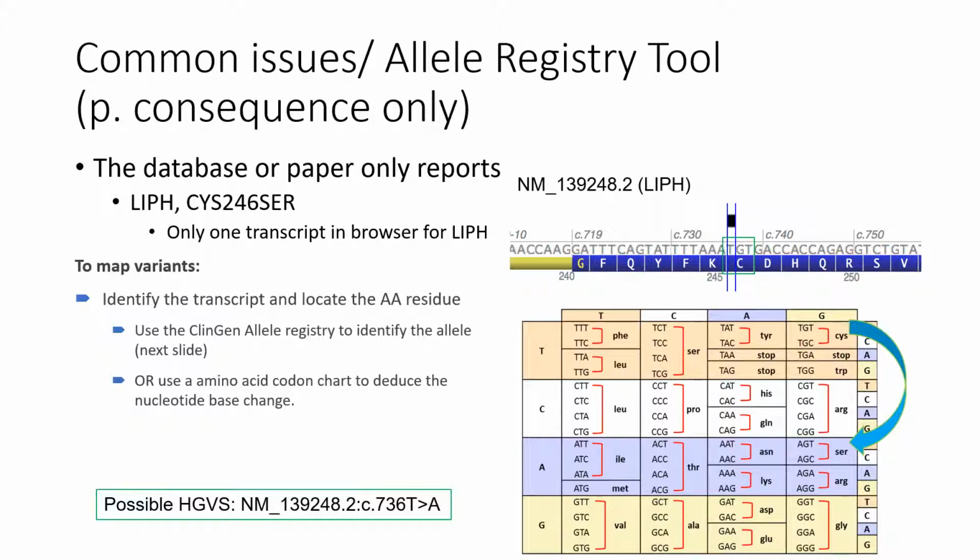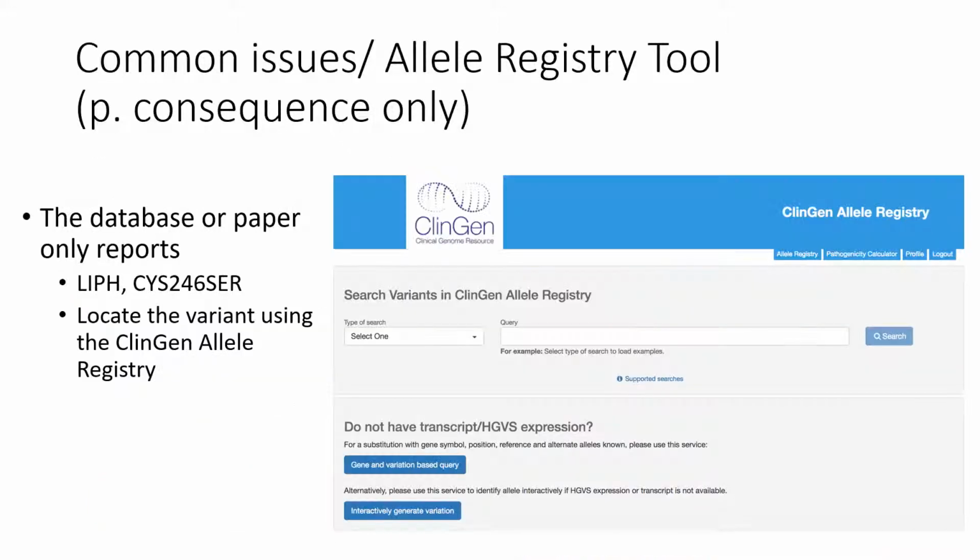However, there are some issues with this, and we'll see this in a second when I show you how to do the same exact sort of curation using the allele registry tool. So if we take the same LIPH variant, we go into the allele registry and follow a similar path to when we used the c dot tool, it will get us to the same point, but it will be faster and it will be more robust.